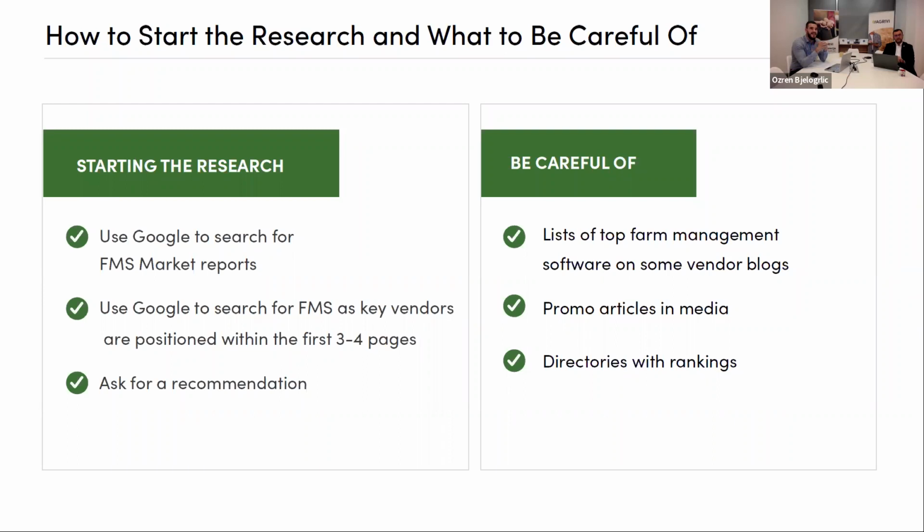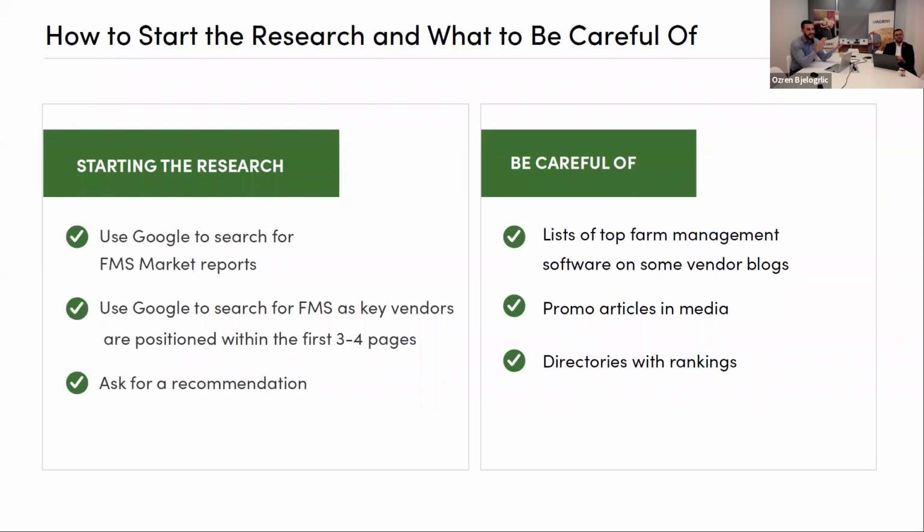And last, but I think very important, is asking for a recommendation or referral from your acquaintances, somebody from your network, about specific vendors that they might be working with. If they have a good opinion or good experience, we heavily suggest at least reaching out to those companies.